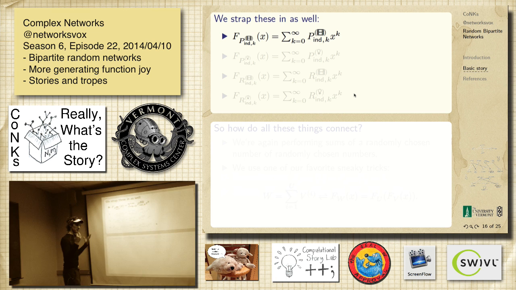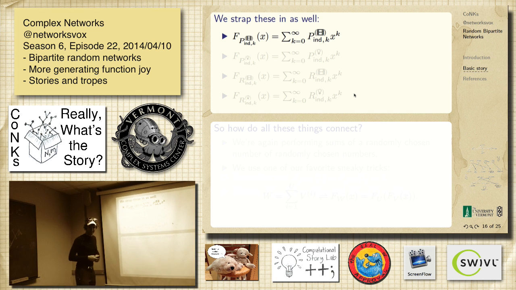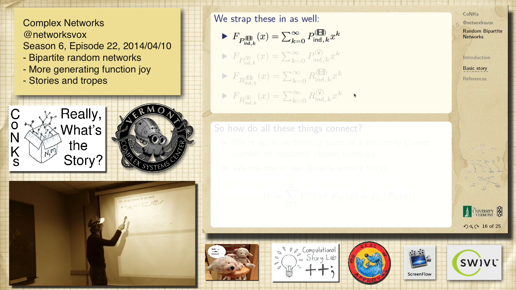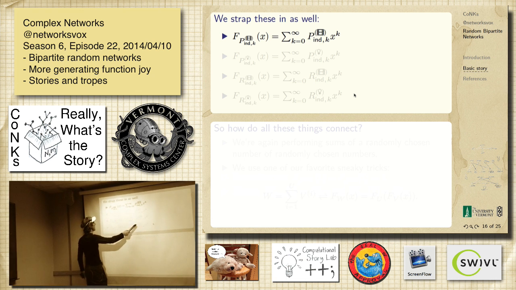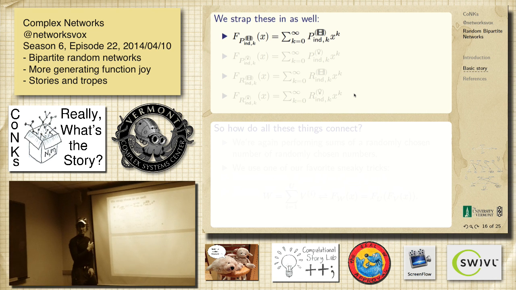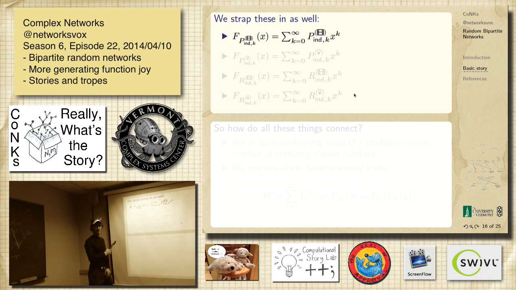We have to go through some madness. So we're going to put these guys in as well. Again, we have a probability distribution defined on the integers. No problem. Let's just make a generating function for it. From there, we could hopefully compute averages at least.